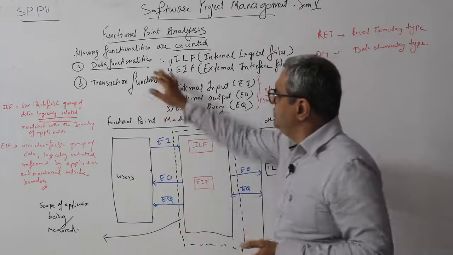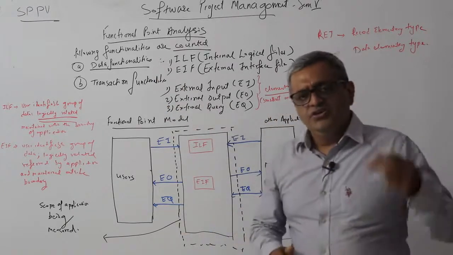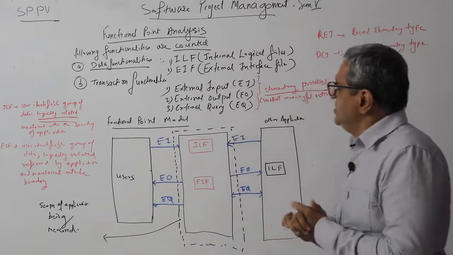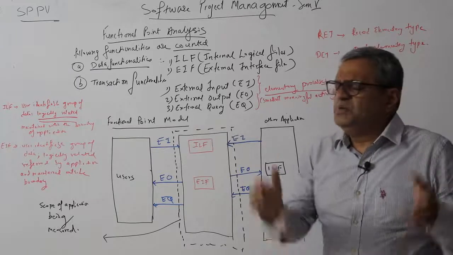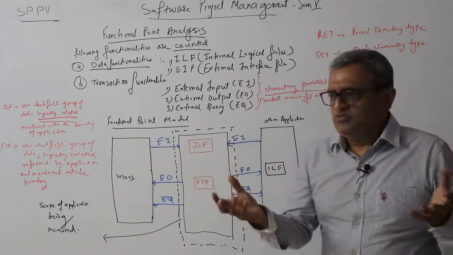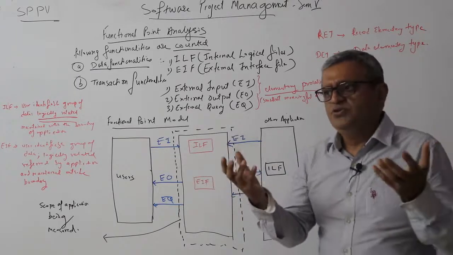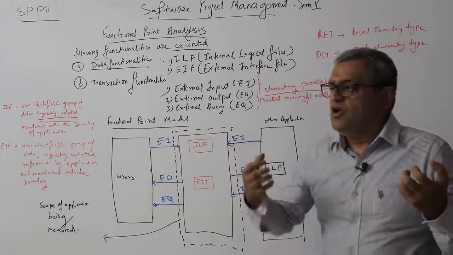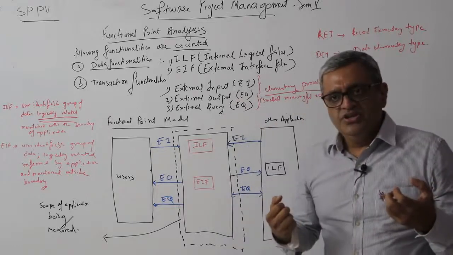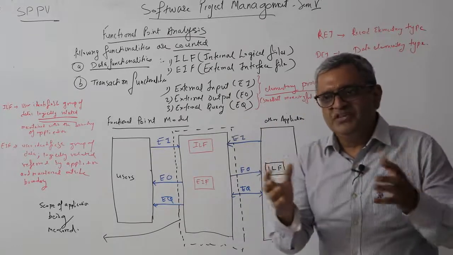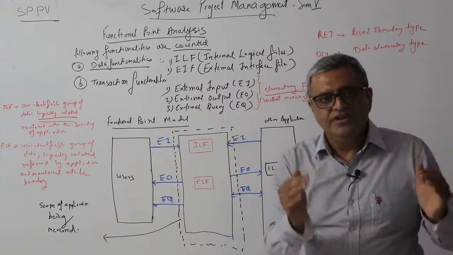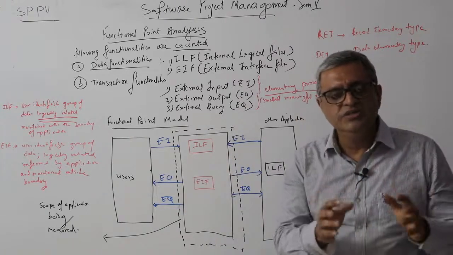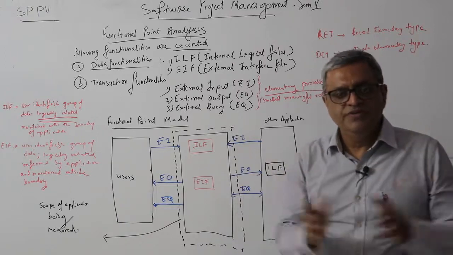Within data functionalities there are two things that need to be counted. One is the internal logical file. When the software captures data from the user or any other application, it writes whatever it captures into some files, which could be RDBMS, DBMS, or flat files, whatever it is.